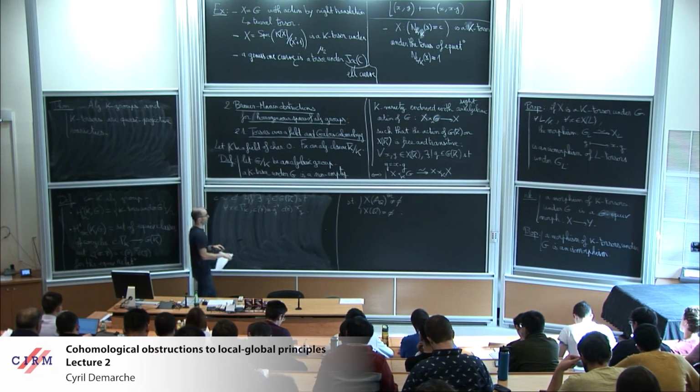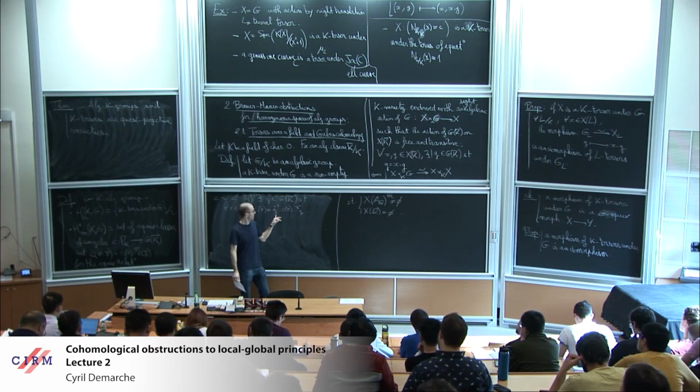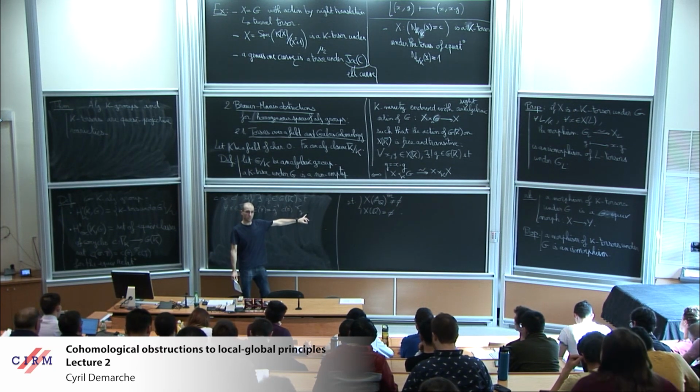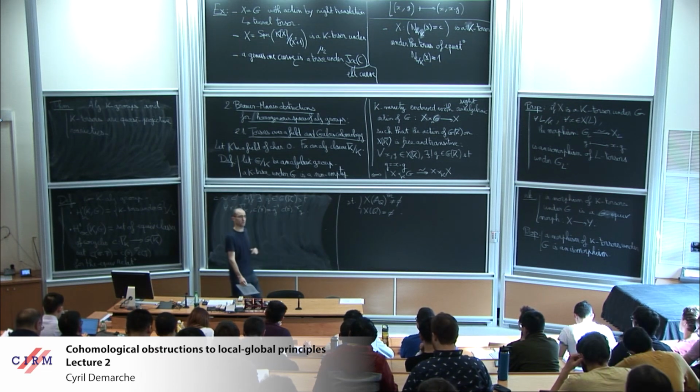So in particular, cocycles of the shape g^{-1} times gamma(g) are trivial cocycles.